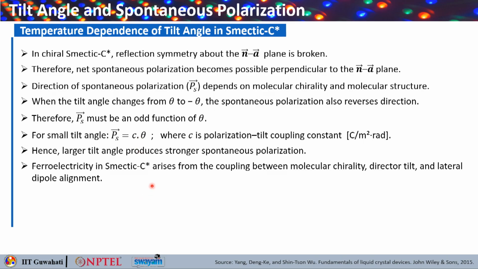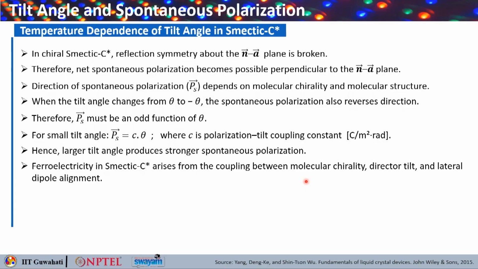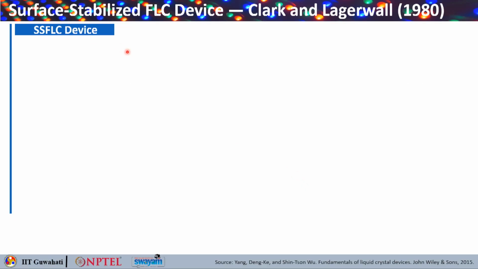The ferroelectricity in smectic C star arises from the coupling between the molecular chirality, director tilt and lateral dipole alignment. With that, now let us move on to the surface stabilized FLC device.